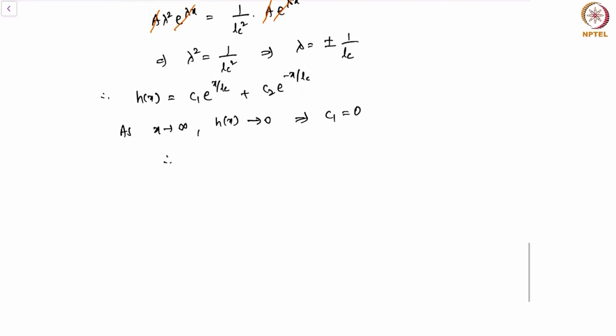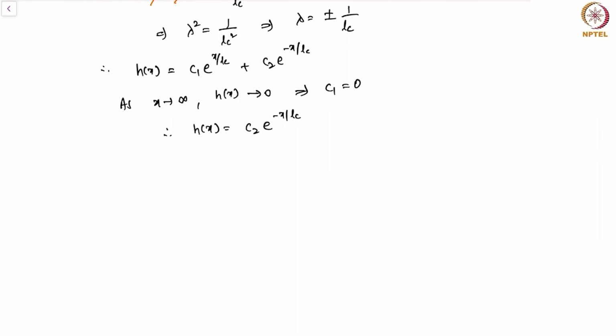So h of x is some constant c2 e power minus x by LC. Now, if this solution is valid all the way to the wall at x equal to 0, h of x is minus cot theta e.